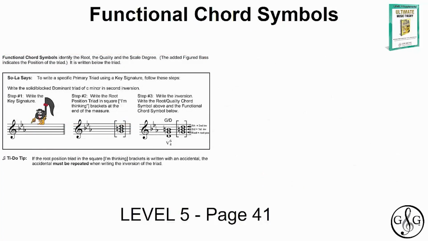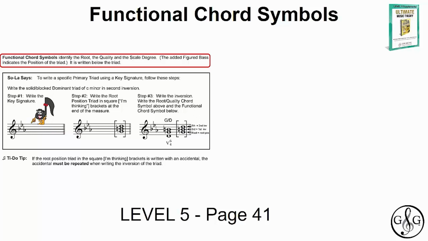Functional chord symbols. Now, functional chord symbols identify the root, the quality, the scale degree. All right, and then the added figure bass indicates the position of the triad. Now remember that new now is that we are indicating inversions, and the functional chord symbols are written below the triad.